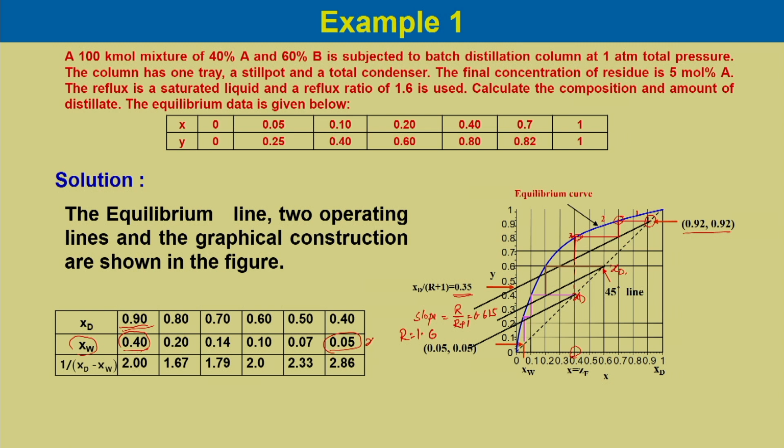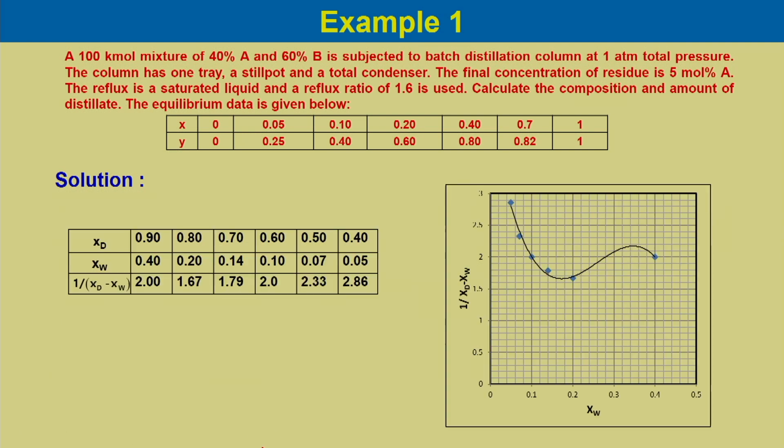So, this is the xwf and this is xwi, and corresponding xd you have is 0.9 and 0.4. xd and xw are known to us.